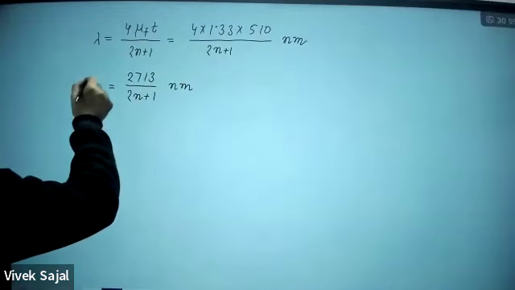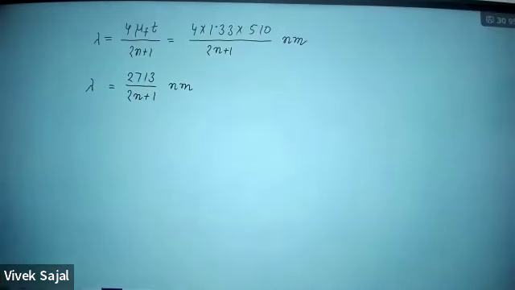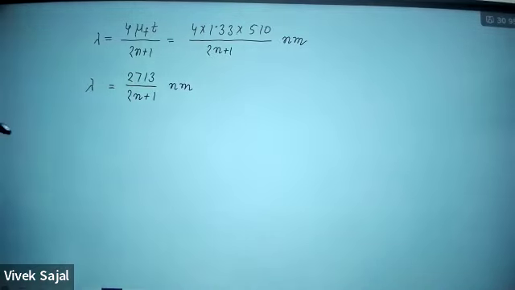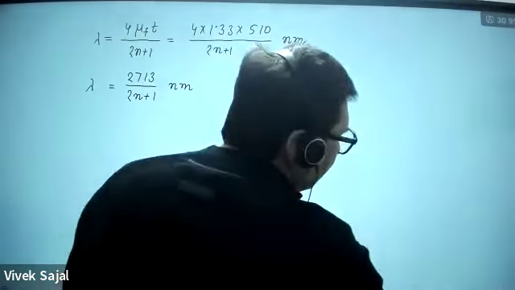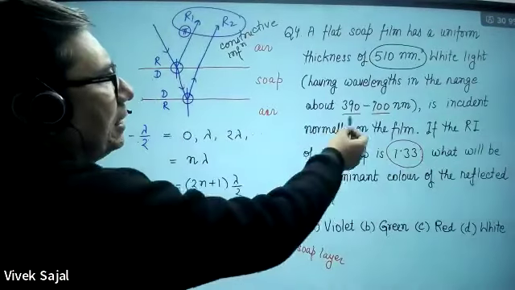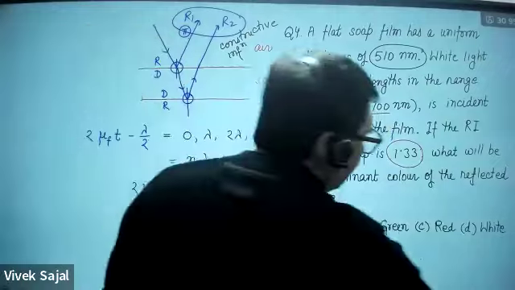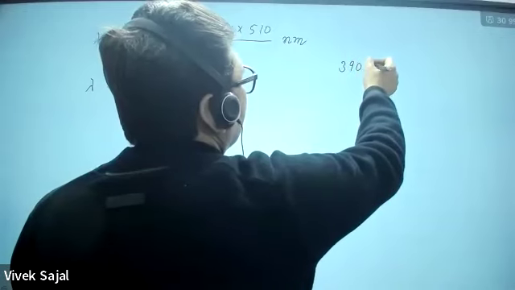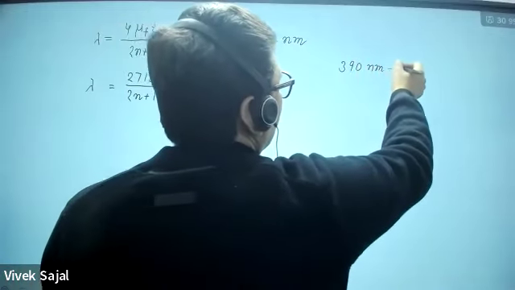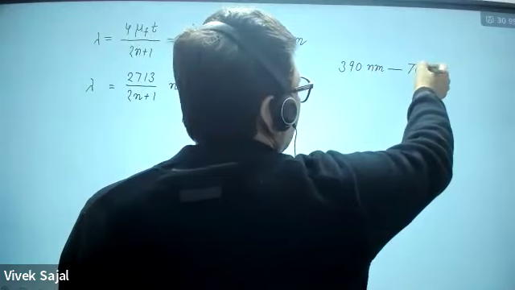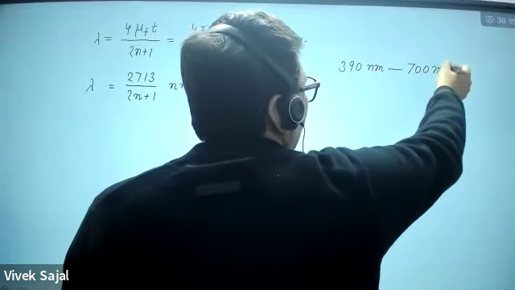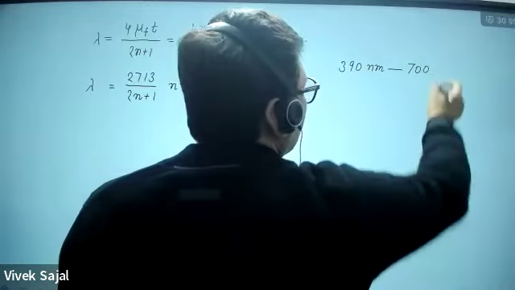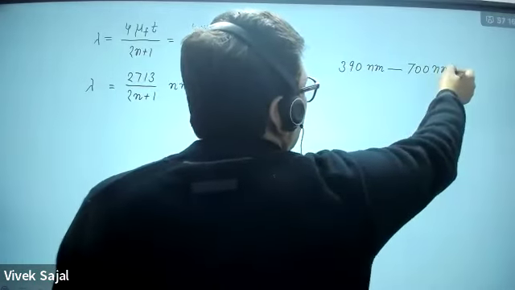So these are the possible lambdas for which constructive interference will take place. Now, in which range? This lambda will be 390 to 700 nanometer. In this range, you have to find the wavelength which will form constructive interference in the reflected light.